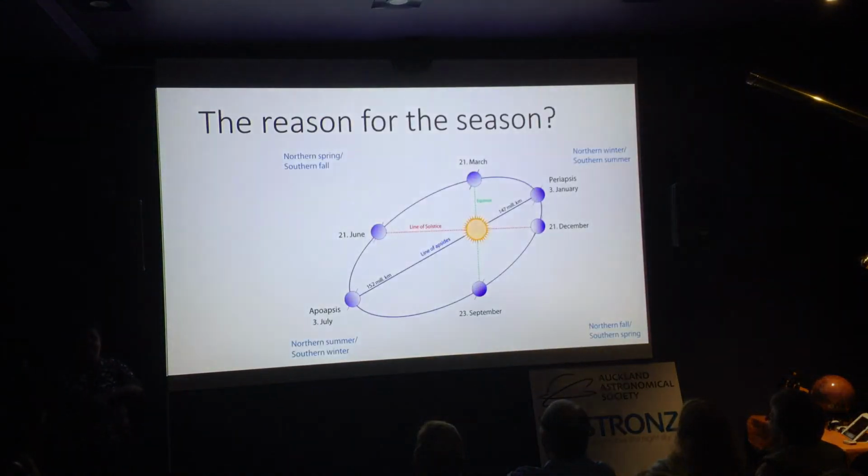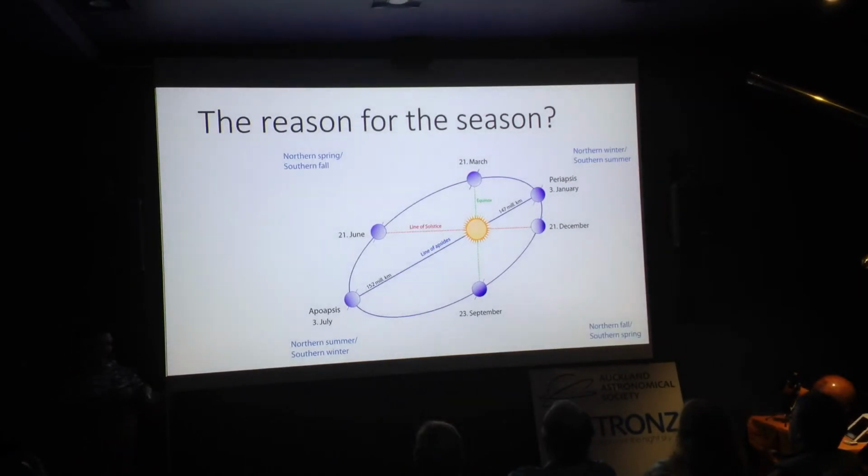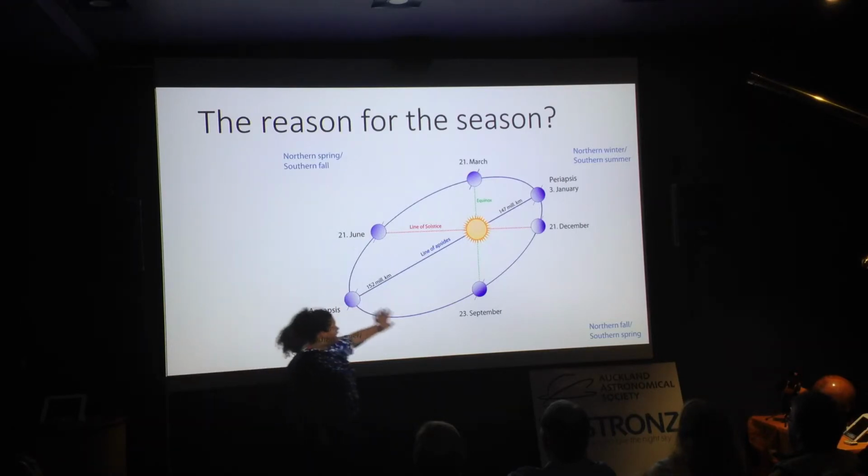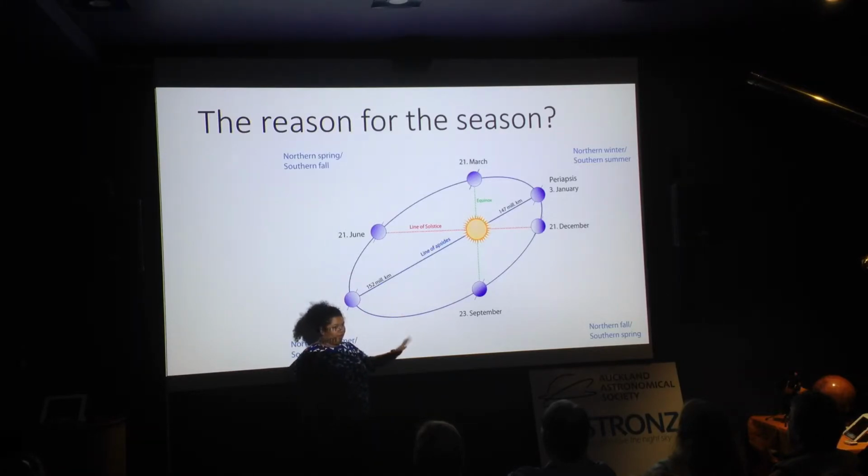Now, if we look at it from an astronomical perspective, this is what we're looking at. We have the Earth moving around the sun over a year. This is a very exaggerated elliptical orbit, by the way. We have a very nearly circular orbit around the sun.